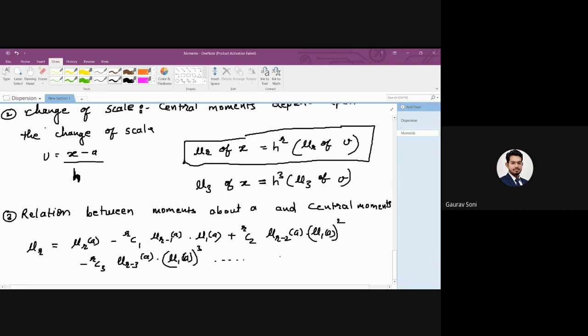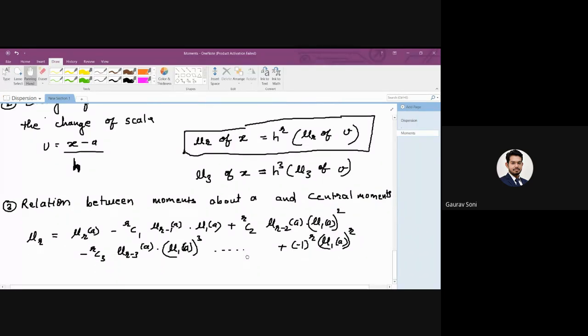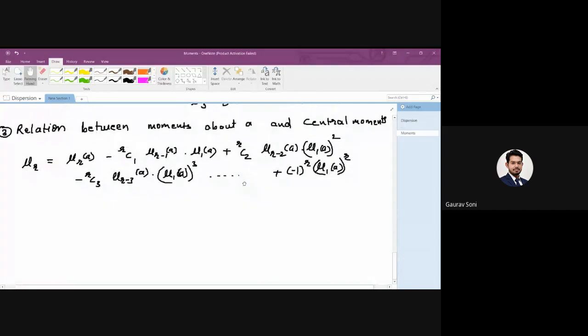The last term will be minus 1 raised to r mu 1 of A raised to r. This formula looks a bit complicated, but if you try to relate this with something, it will become very easy.